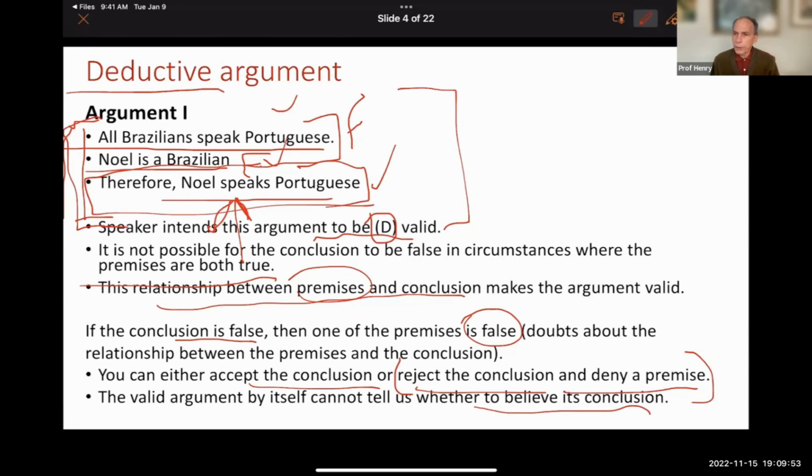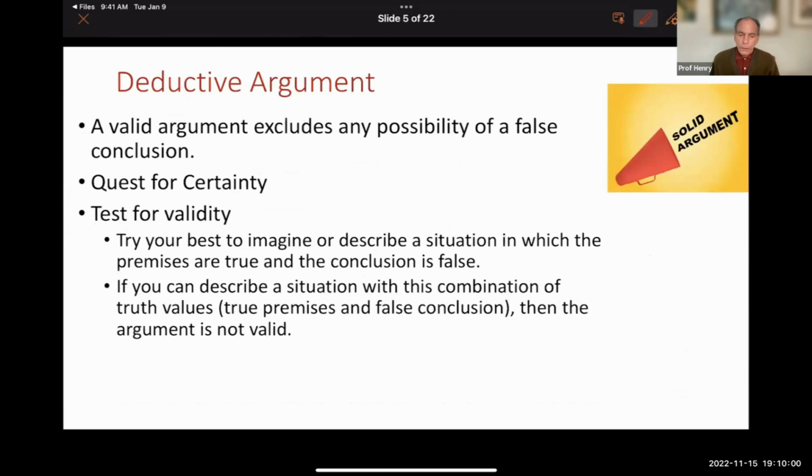But if you think it's false, then you have to deny one of the premises. So a valid argument excludes the possibility of a false conclusion, assuming the premises are true.